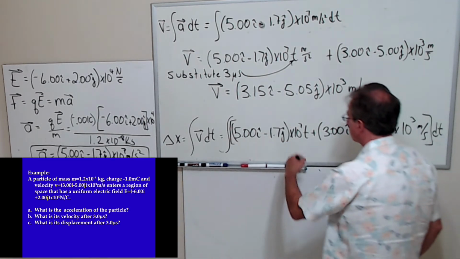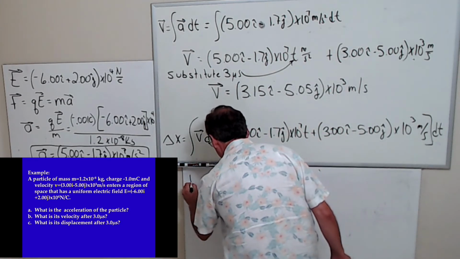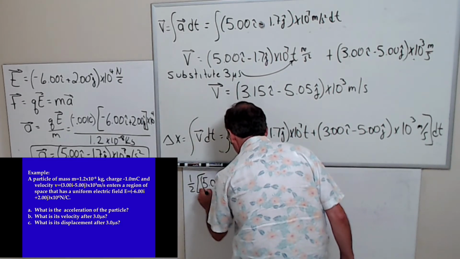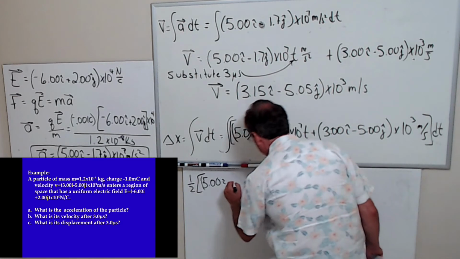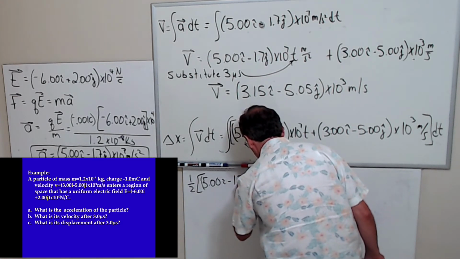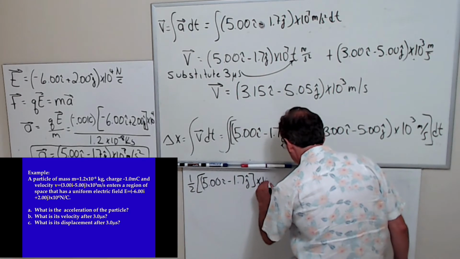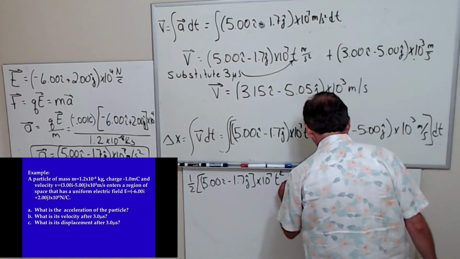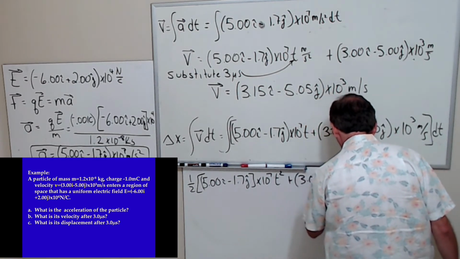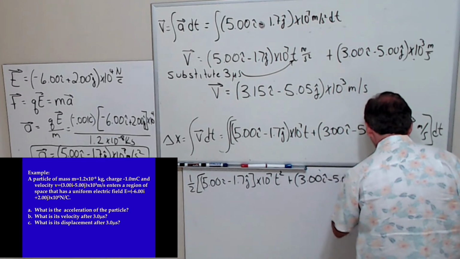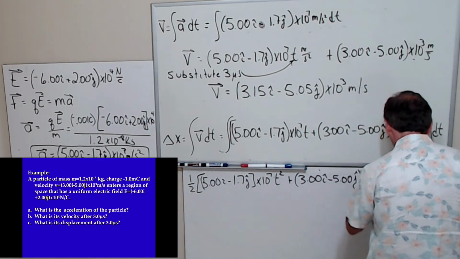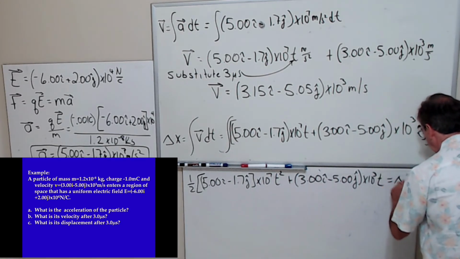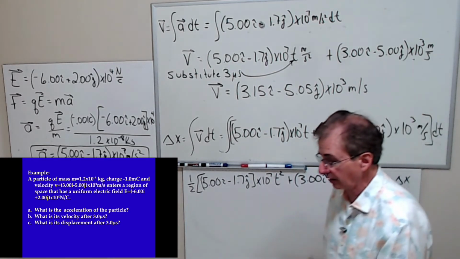So when you integrate this, you get 1/2 (5.00 i hat minus 1.7 j hat) times 10 to the 7th t squared, and then you get this whole thing times 2. And this is delta x. This is not x, but delta x. That's why you don't see the constant of integration, because I'm calculating delta x.